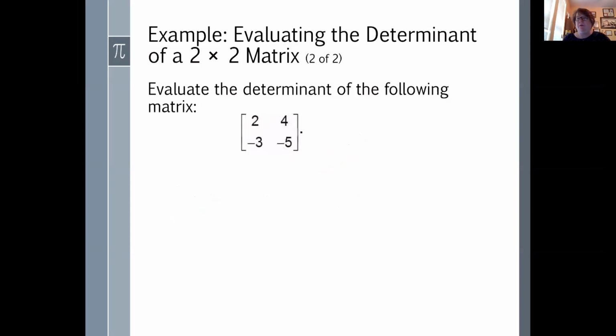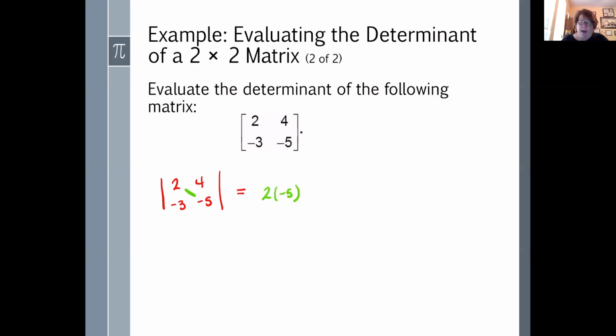Let's find the determinant of this matrix. We're going to write that as 2, 4, and -3, -5, using bars instead of brackets. So that shows us that we're finding the determinant. That's going to be equal to. We're first going to take the product of the main diagonal. So we're going to multiply 2 times -5.